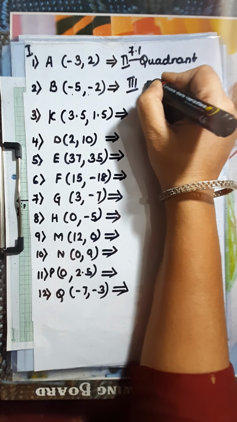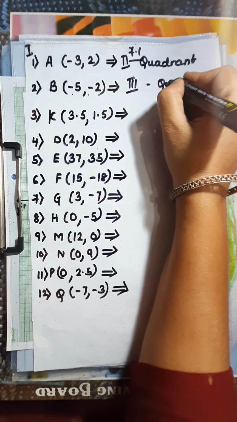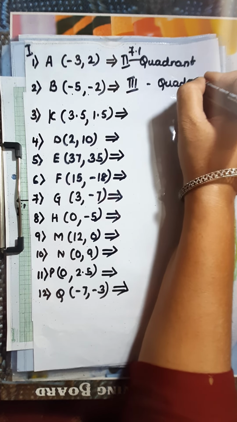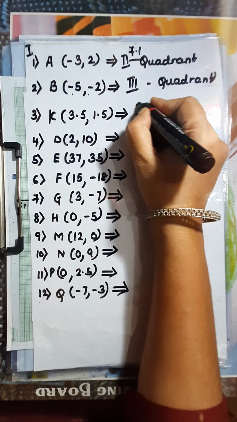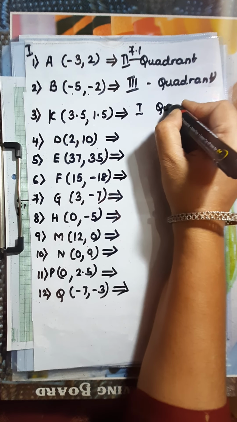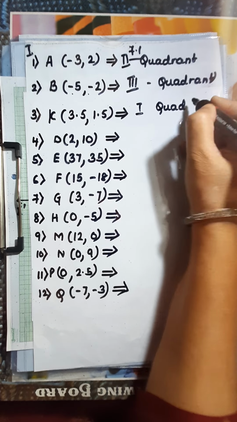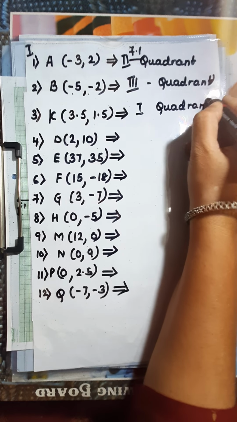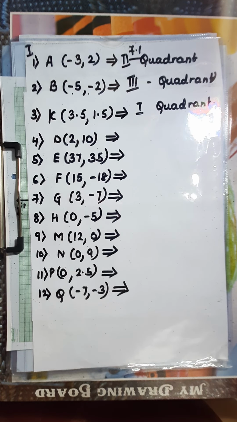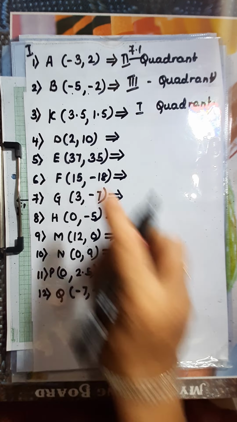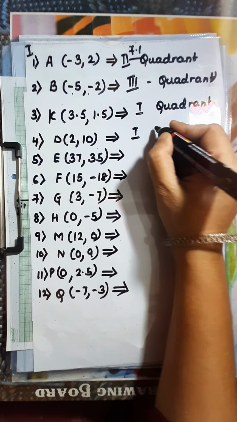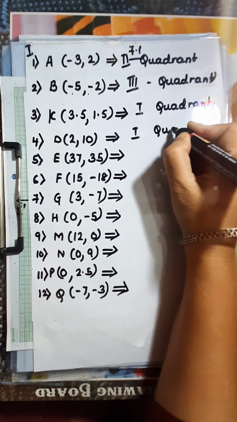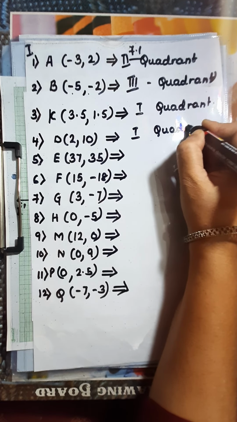Third quadrant. Now this is positive and positive, both are positive, so first quadrant. Plus and plus, once again, first quadrant.